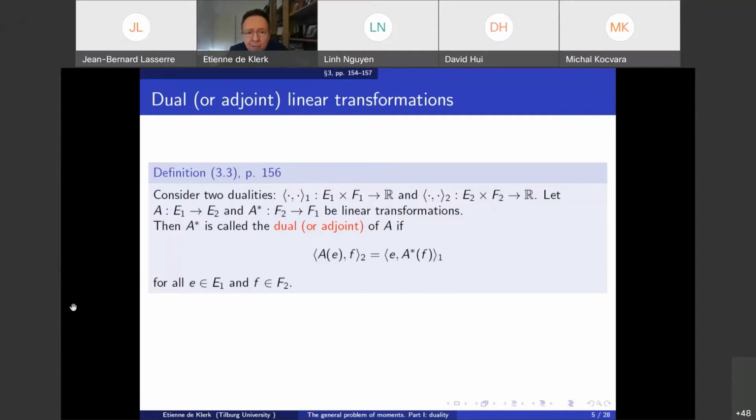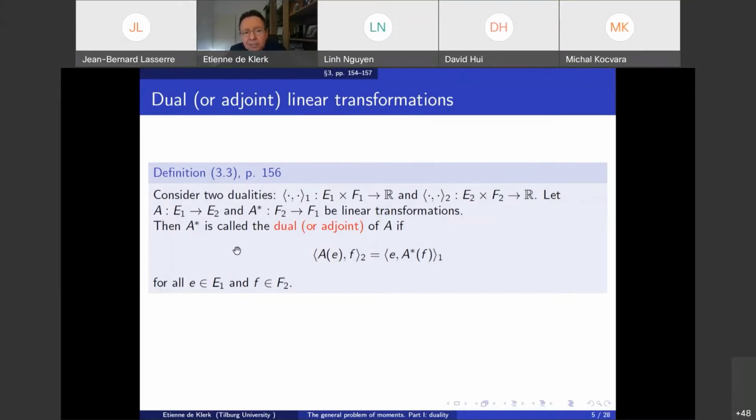Here we have now a little bit of a complicated setup. Let's go through it. We have two dualities, a duality 1 and a duality 2. Duality 1 is defined on the Cartesian product of the vector spaces E1, F1, similarly for duality 2. And we also have a linear transformation A from E1 to E2, and a second linear transformation A star from F2 to F1.